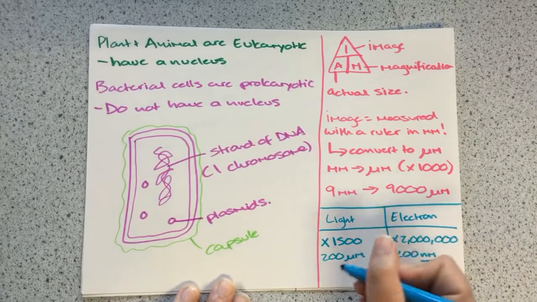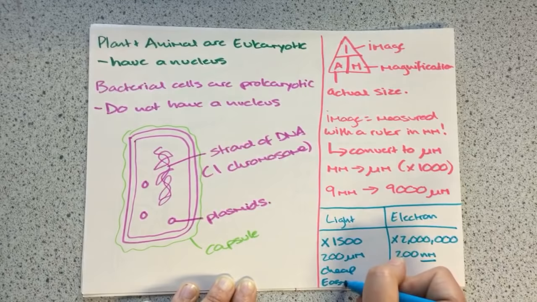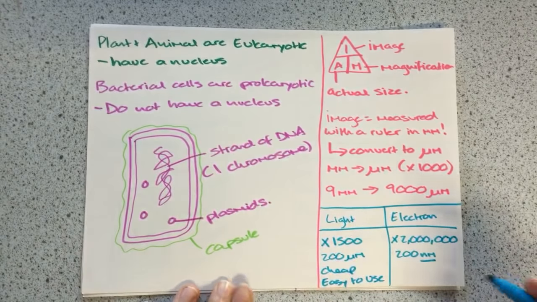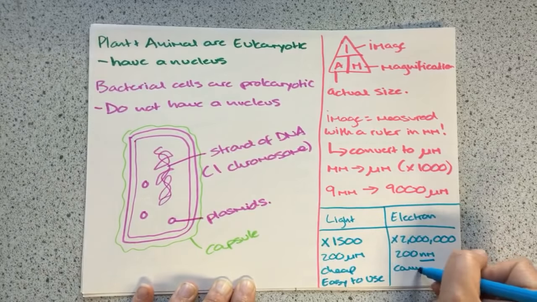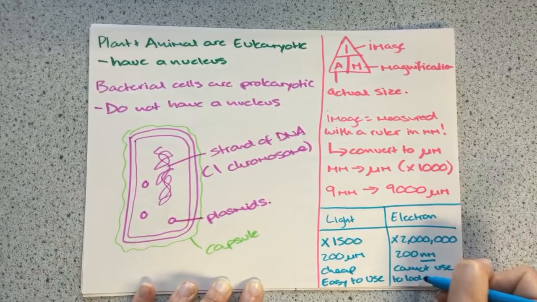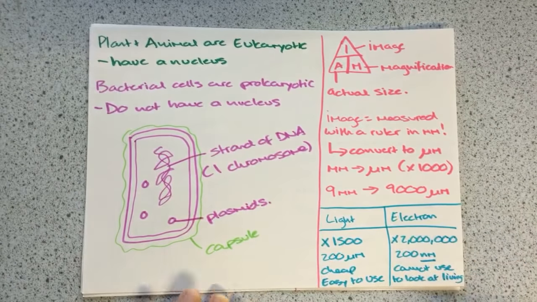Little bit more information. Light microscopes are obviously very cheap, easy to use, so we use them in school. Electron microscopes are very powerful, but unfortunately you cannot use them to look at living organisms. So that's a massive disadvantage.